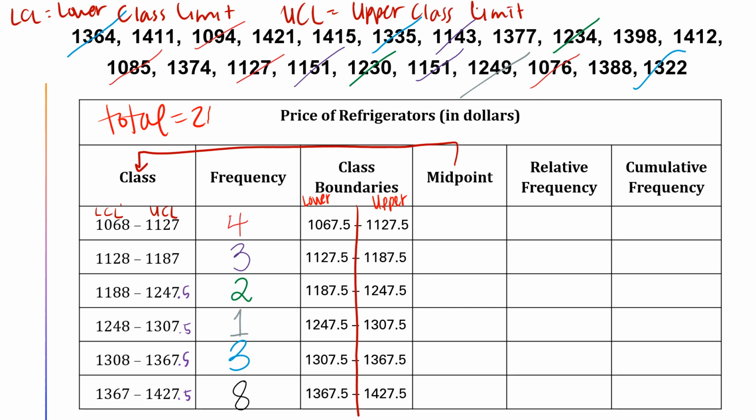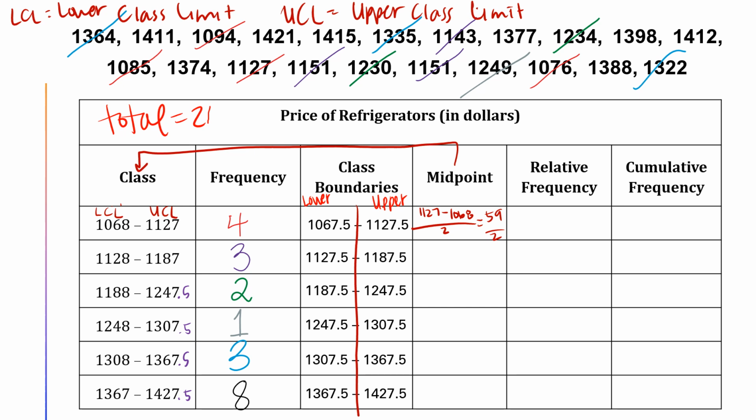All right, so to get the halfway point, you subtract those, 1127 minus 1068, and then divide that by 2. 1127 minus 1068 is 59, over 2. 59 over 2 is 29.5.